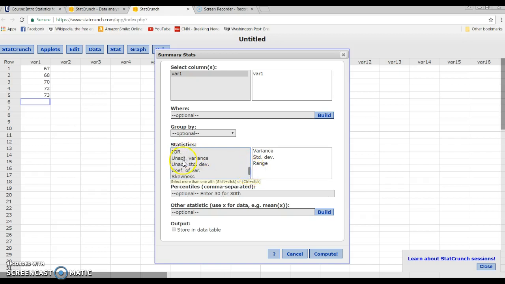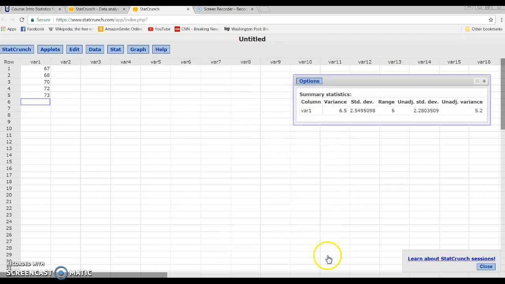And if they ask you for the unadjusted standard deviation or the unadjusted variance, that's where those are as well. Okay, so the unadjusted, remember, is the population. So we'll hit Compute, and that's what our values are. Okay, so those are the values we got when we did the calculation.